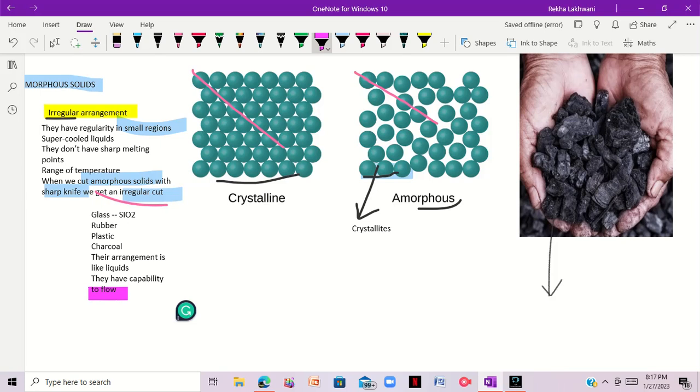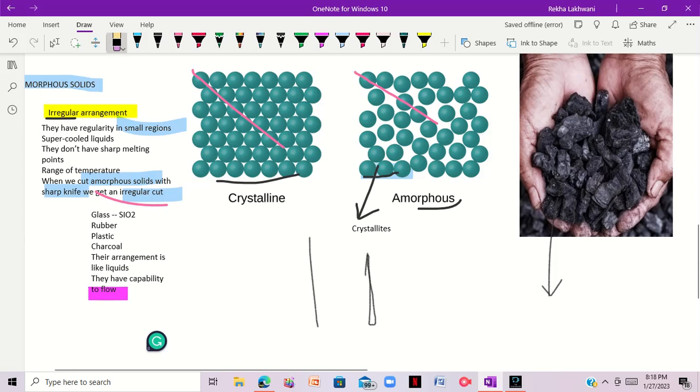How can you observe this capability of flowing? Maybe you have observed that in old houses, the bottom of the windows becomes thick. For example, this is a window. I'm not good at drawing, but this is what I can make.